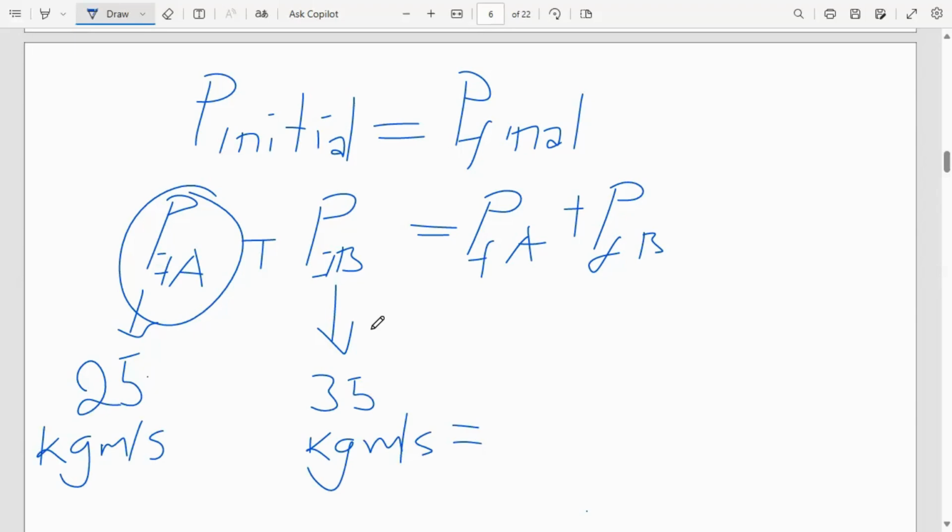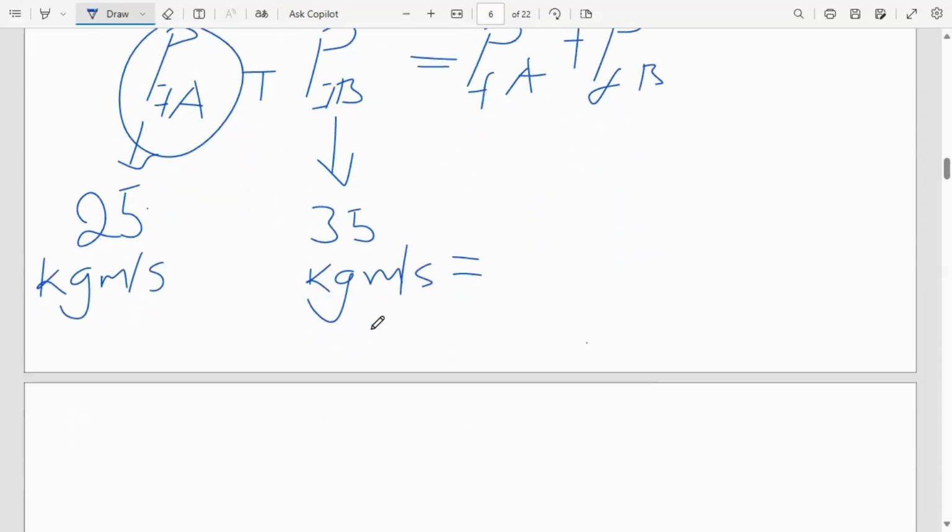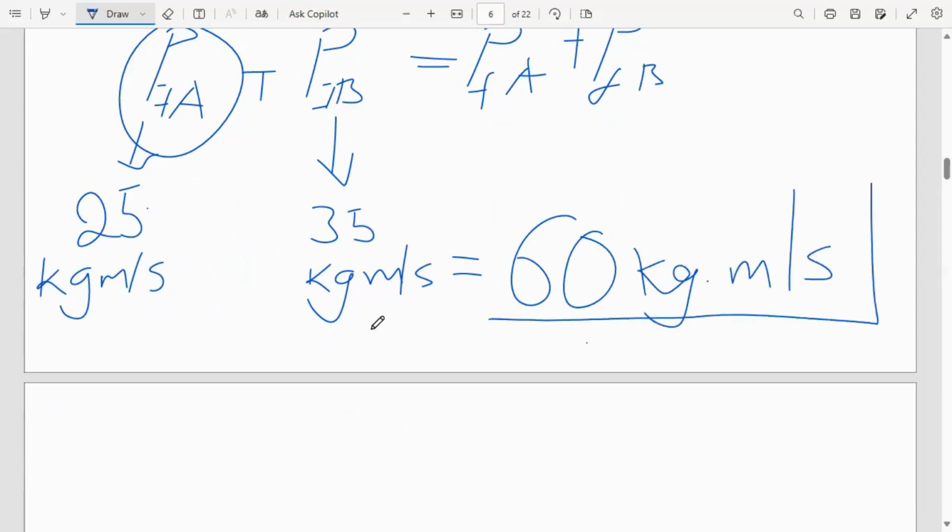We have to find the sum of those two initial values. If we add them together, we get 60 kg·m/s as the initial combined momentum of the two objects.